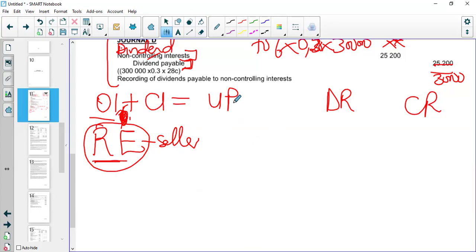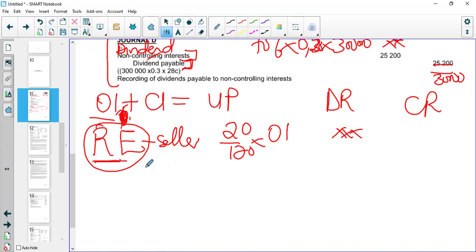Let me do the complete journal entries. So you start by affecting the retained earnings of the seller, let's say the unrealized profit was 20 over 120 multiplied by the value of opening inventory. Whatever we get is here.